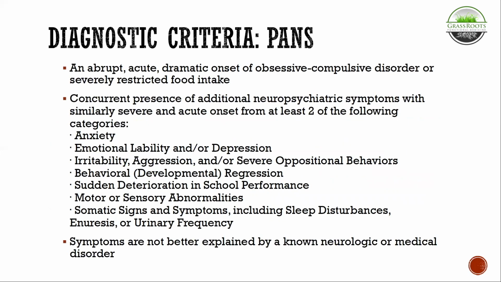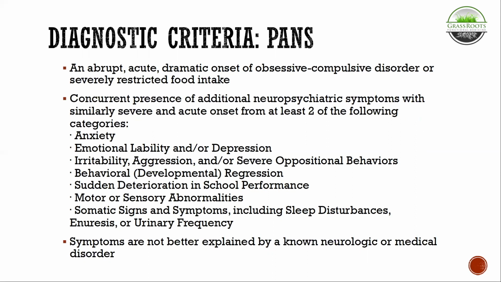When we're looking at PANS, it's a little bit different. An abrupt, acute, dramatic onset of obsessive compulsive disorder or severe restricted food intake, very, very common. And then concurrent presence of additional neuropsychiatric symptoms with similarly severe and acute onset from at least 2 of the following categories.